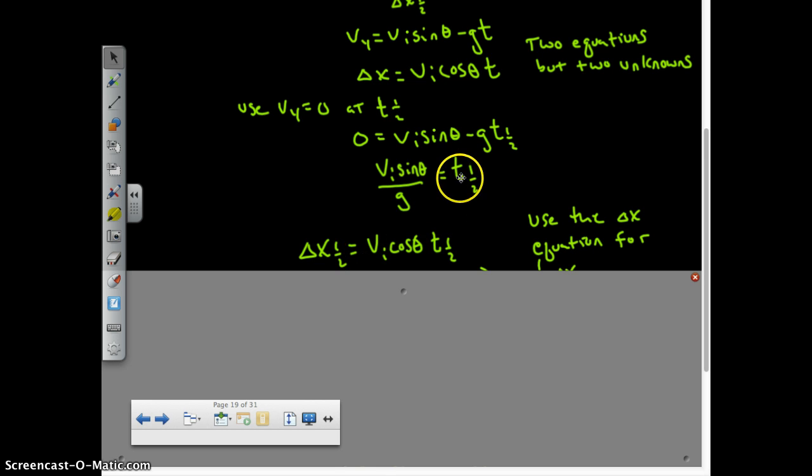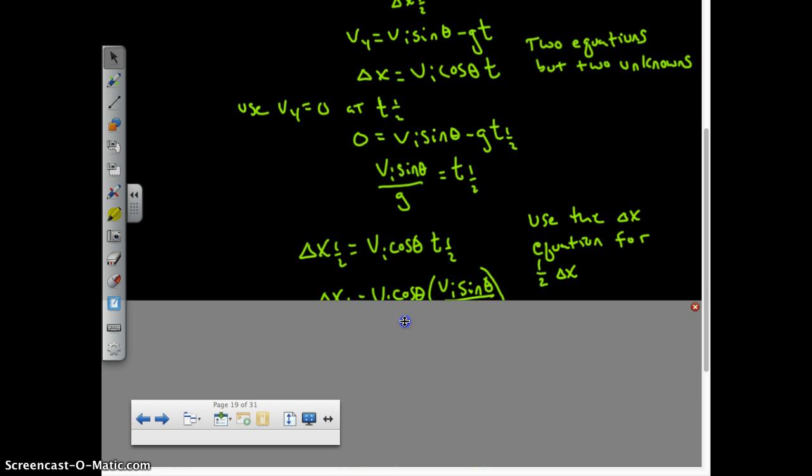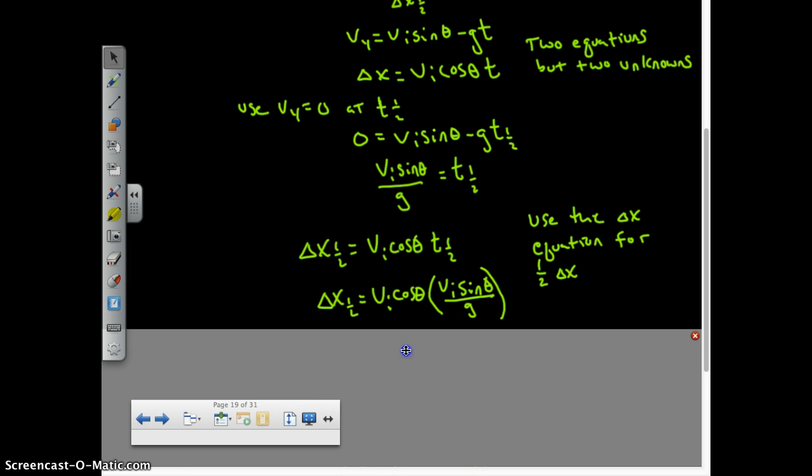And we can now take this value that we found, t1/2 right here, substitute that in to get rid of that unknown time, and the only variable we're left with that we don't know is the one we're looking for, which would be the initial velocity we're going to jump with.